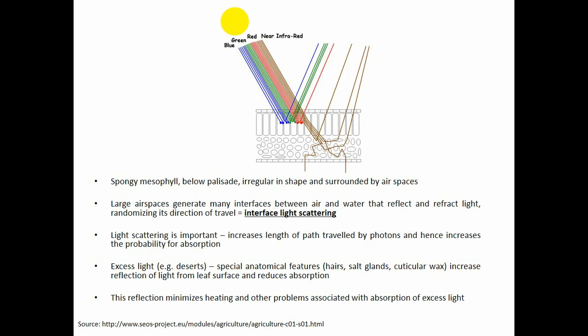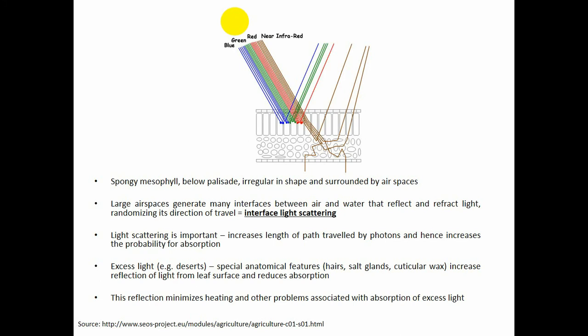So the plant needs to have contingencies in place to protect itself from excess light. This is where we start getting hairs and salt glands and cuticle waxes and fine hairs on the leaves to dissipate, etc. And also high secondary pigments such as carotenoids and xanthophyll, etc.